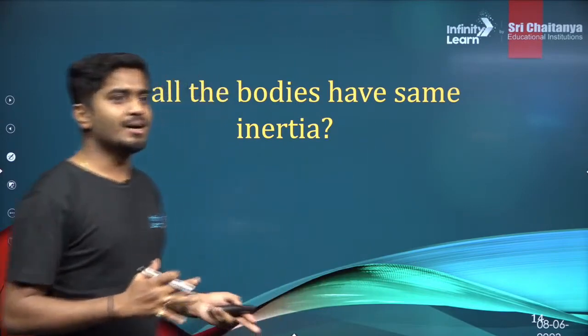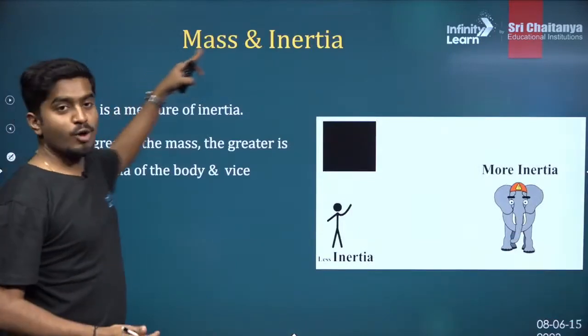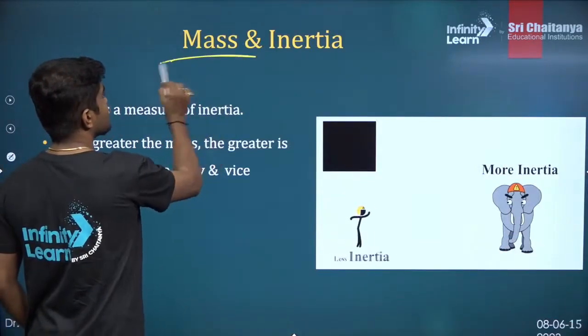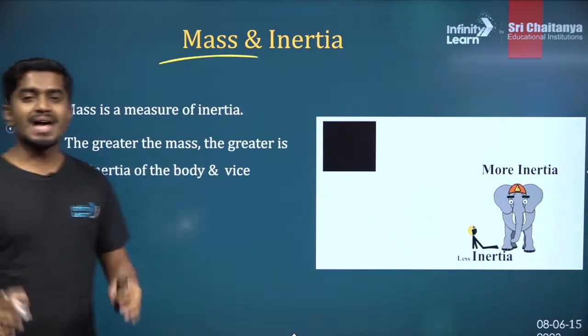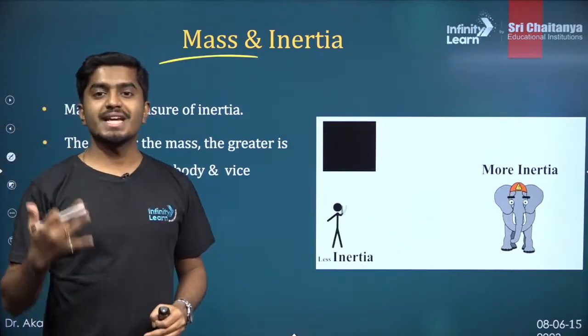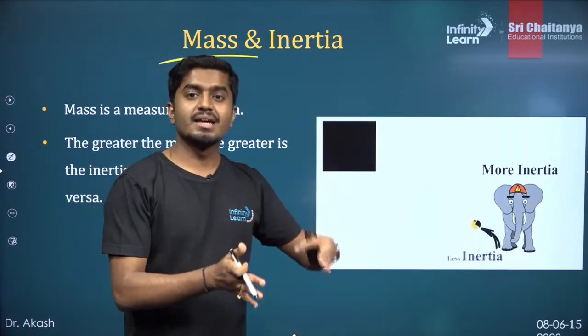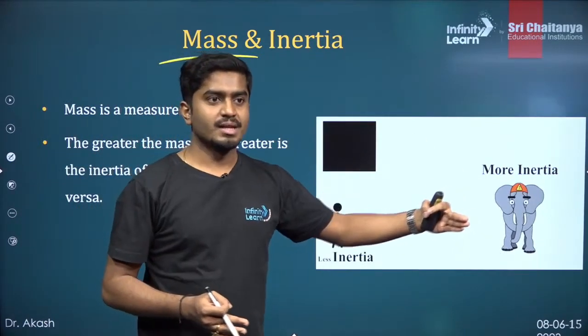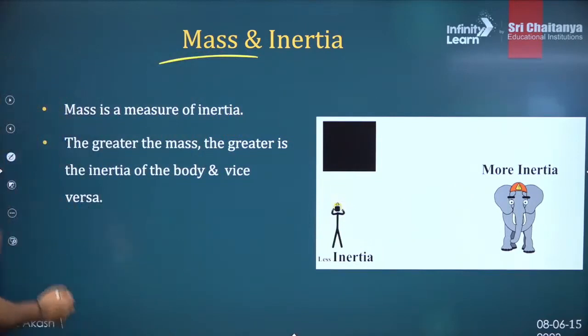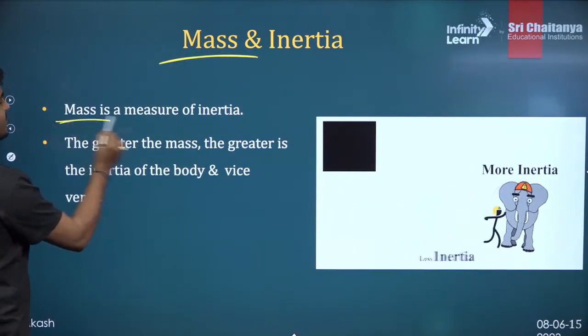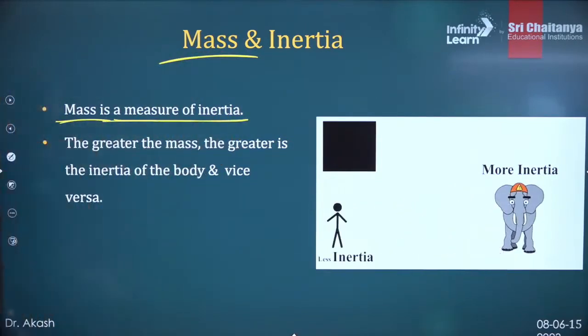In scientific terms, different objects have different mass. The mass tells how much inertia the object has. Greater the mass, greater the inertia. So mass is a measure of inertia.